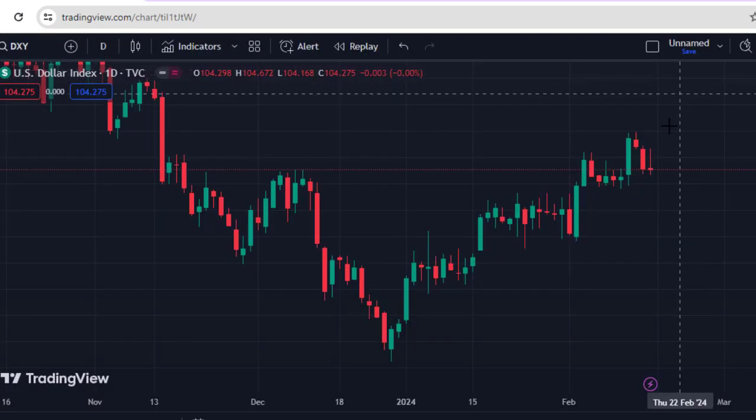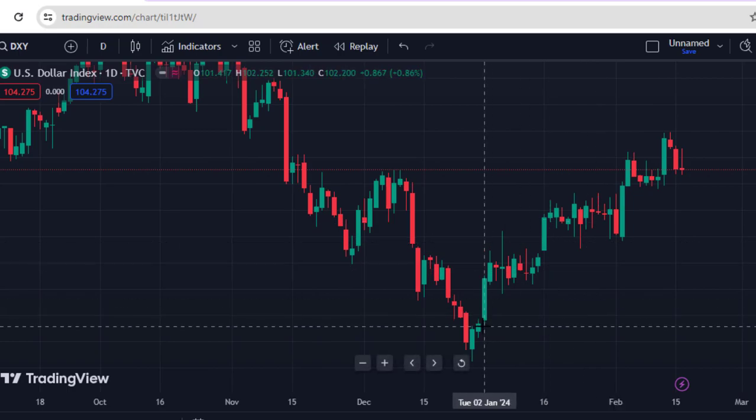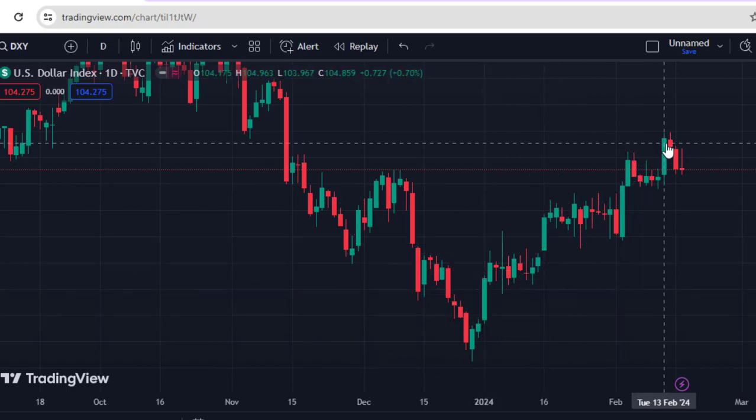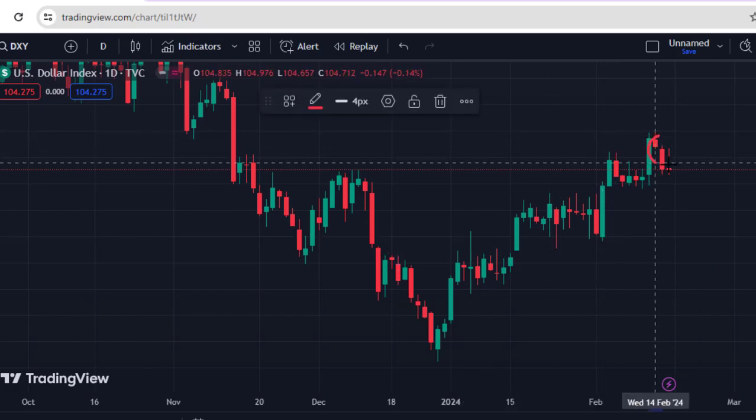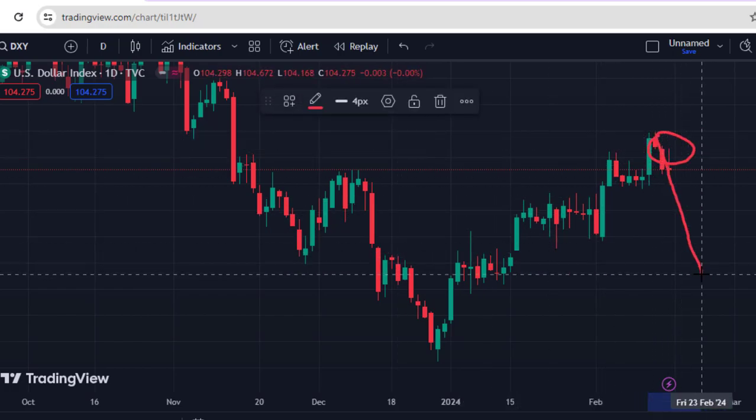So for example, if this chart is moving to the upside, that means the dollar is gaining strength. And if the chart is coming back down, let's say from where the market is right now, and the market begins to move from here downward, it means that the dollar is losing strength, it's losing value.